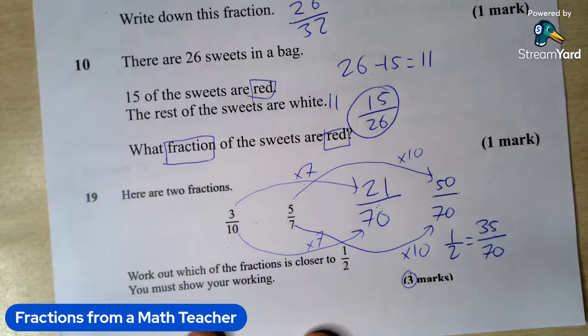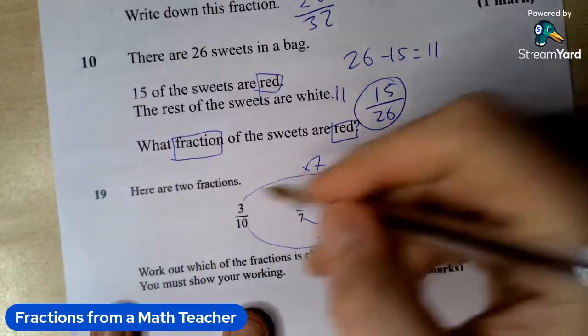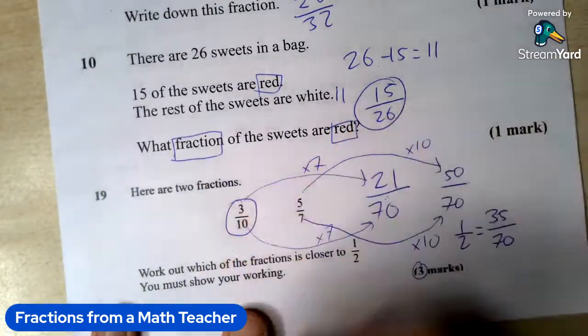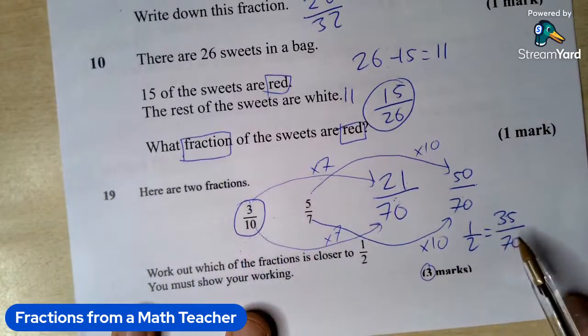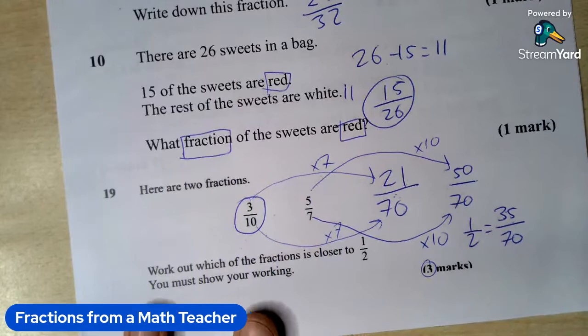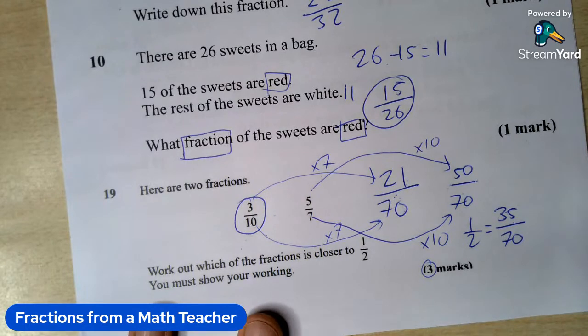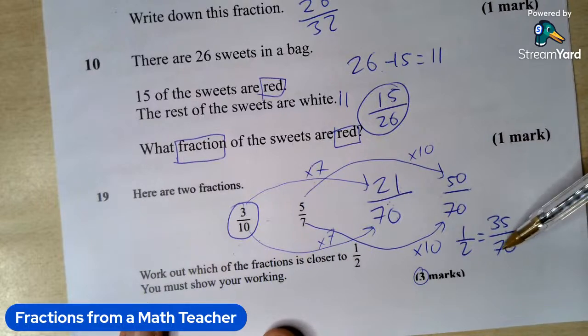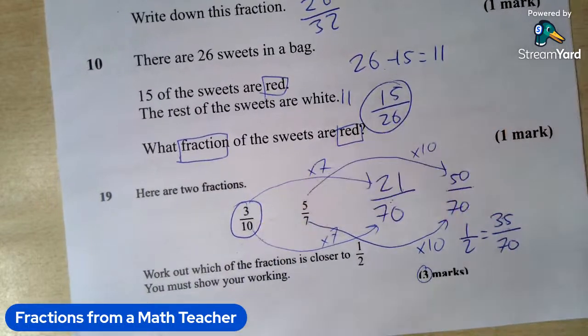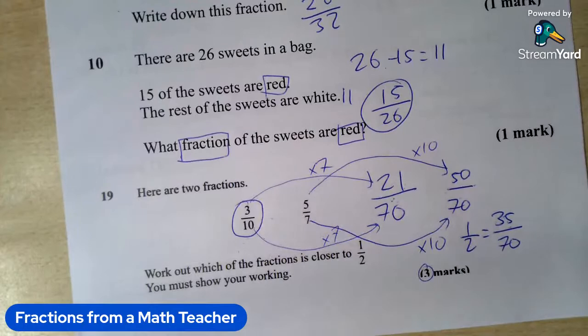That's within 15. So your answer is 3/10, which is closer. Yeah, because 3/10 is closer to a half. Yeah, and that's clear you're working out as well. You'd get your last mark. Well, you'll probably get a mark for this one as well. So that'll be 2 marks. Your last mark will be stating which one. You have to state your answer. So 3/10 is my answer.